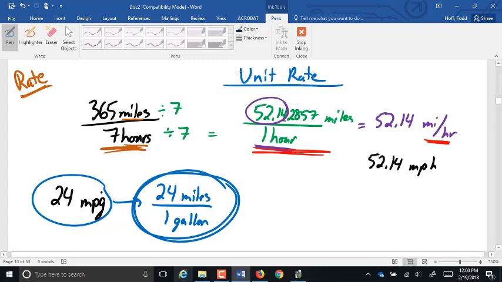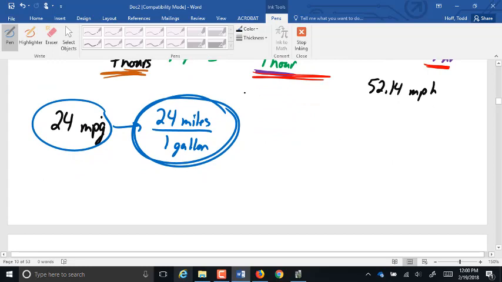Well, let's look at some other rates that we have out there. Miles per hour, miles per gallon. Other rates that you guys might be familiar with might look something like this. You might get paid $45 for a 5-hour shift.